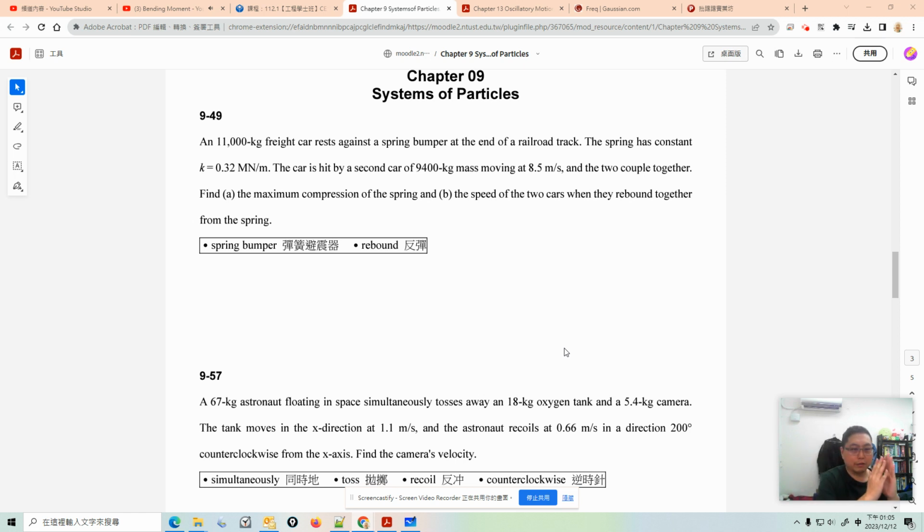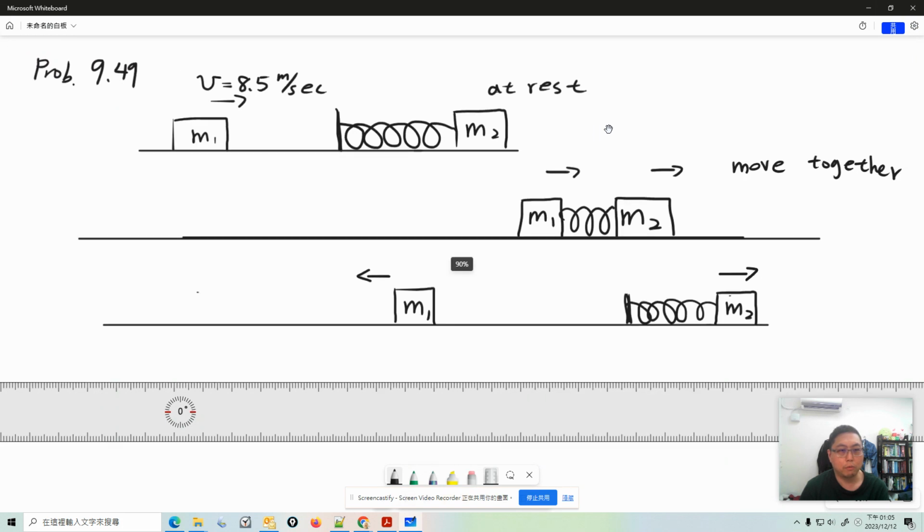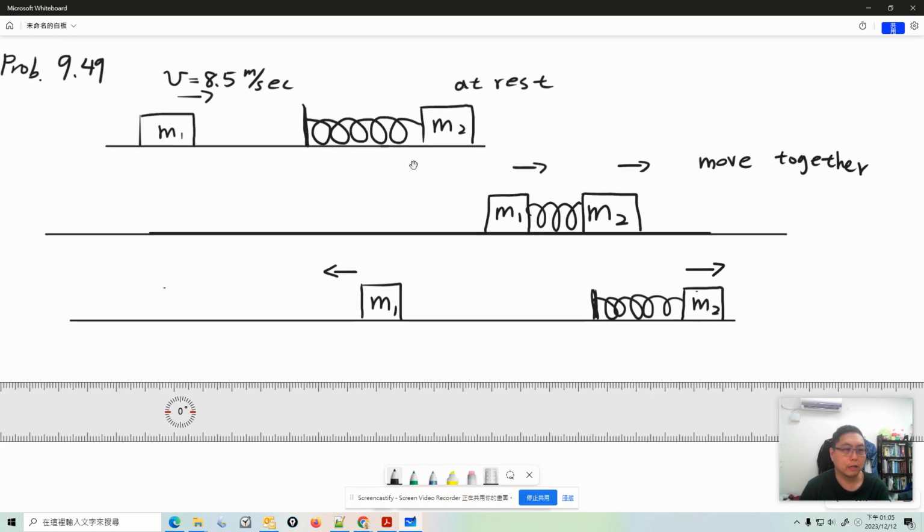This is the initial situation: the cars hit and move together, but after a certain period of time they gradually separate because there's a spring between them. I think I should use the graph. It's much clearer. So this is the problem description from 9.49. First, you have a car attached to a spring, and another car hits from the left with a velocity, and after the impact these two move together as a whole system.